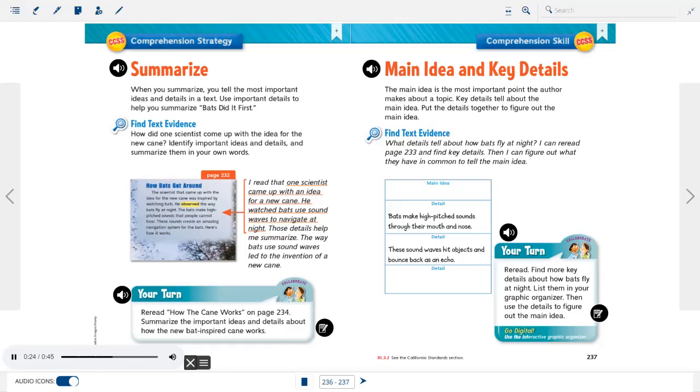I can reread page 233 and find important details. Then I can use them to figure out the main idea. Graphic organizer. Detail: Bats make high-pitched sounds through their mouth and nose. Detail: These sound waves hit objects and bounce back as an echo.